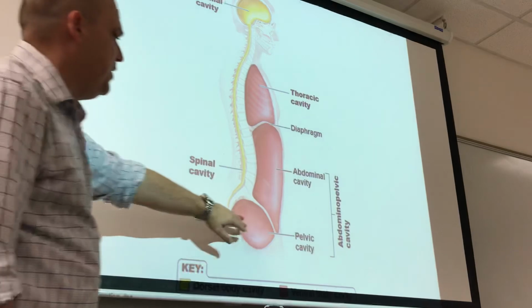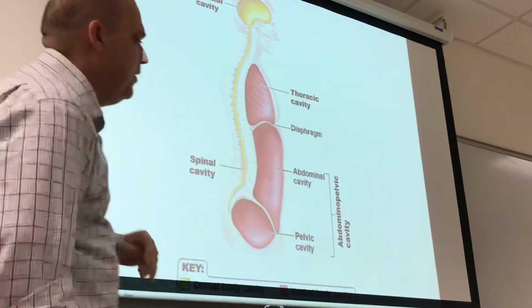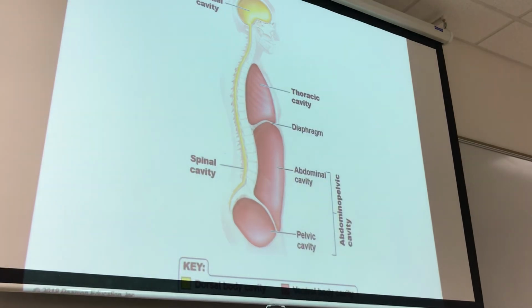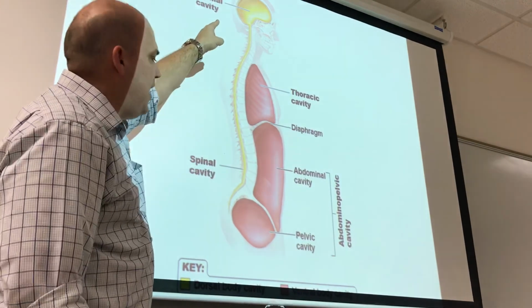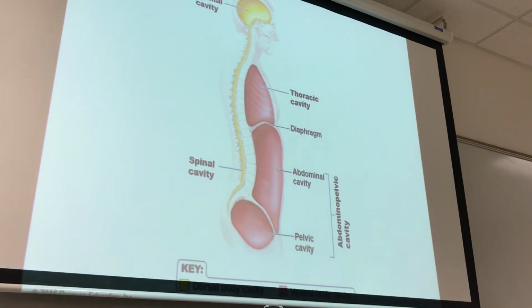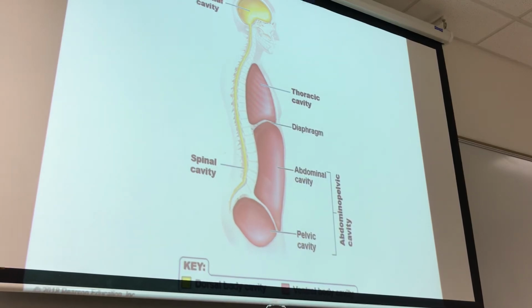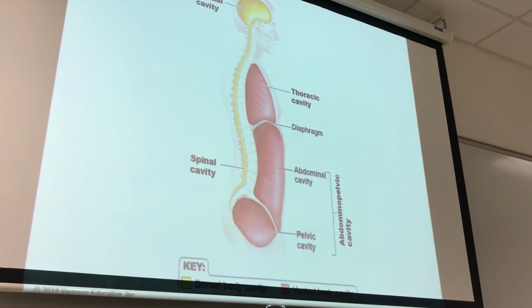Everything that we see here in this pinkish reddish color are the ventral or the anterior cavities of the body. When we think about the cavities on the dorsal side, we have the cranial cavity and our spinal cavity. The cranial cavity is where we store our what? Brain. Spinal cavity is where we store our what? Spinal cord.